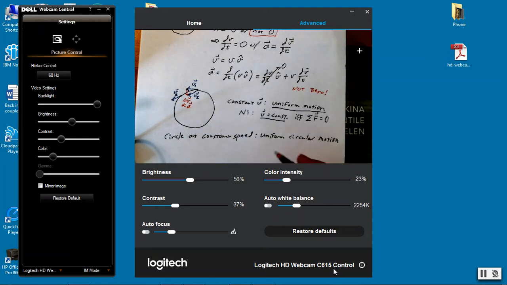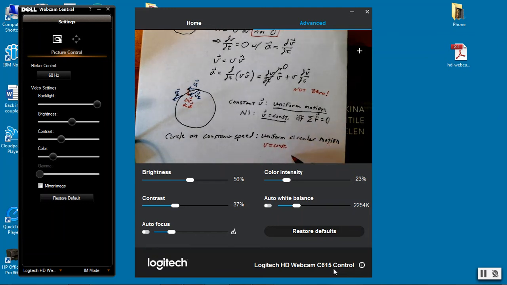The uniform part is coming about because the speed is constant, but it is not uniform motion because the velocity is not constant.